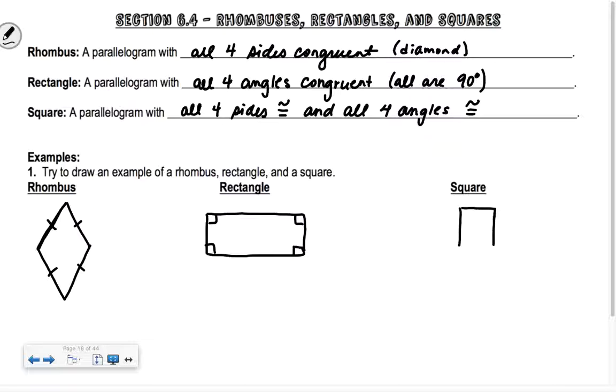And a square is going to be something like this, where all four angles are the same and all four sides are the same. Okay, so a square is by definition both a rhombus and a rectangle. Okay, it's both of those. All right, does this make sense?